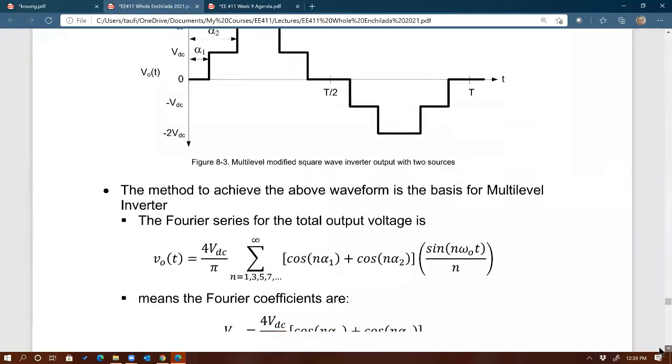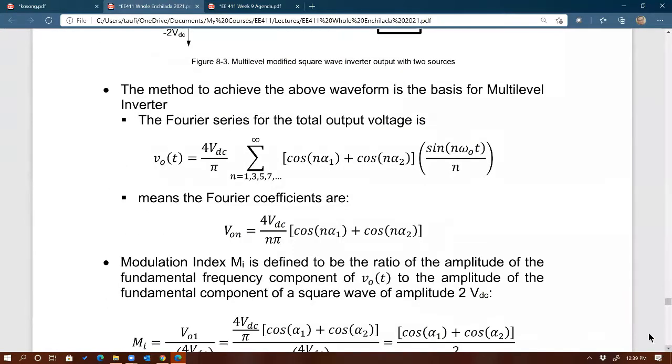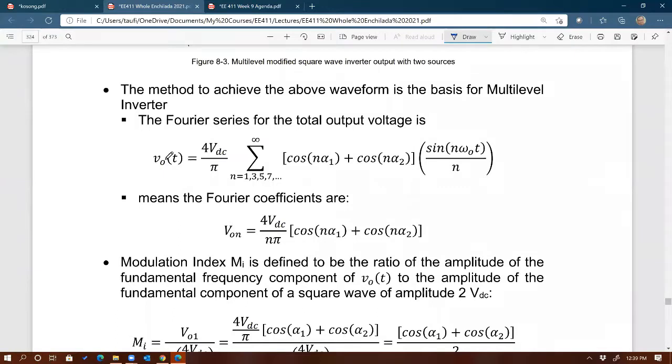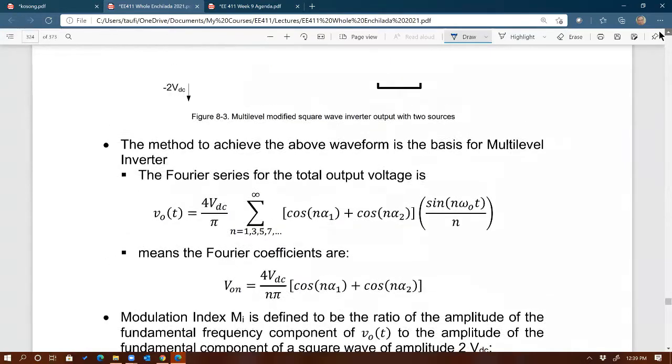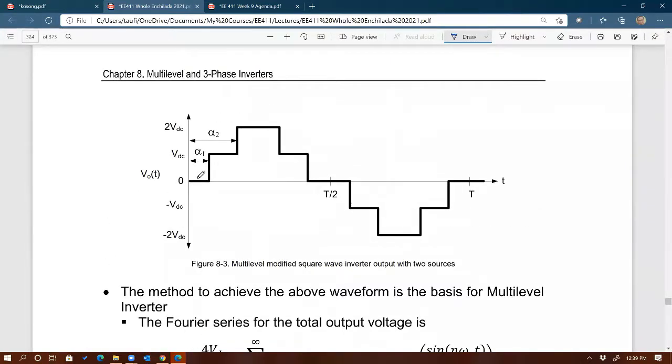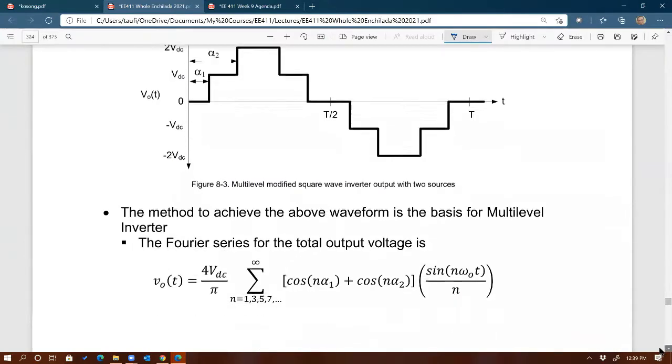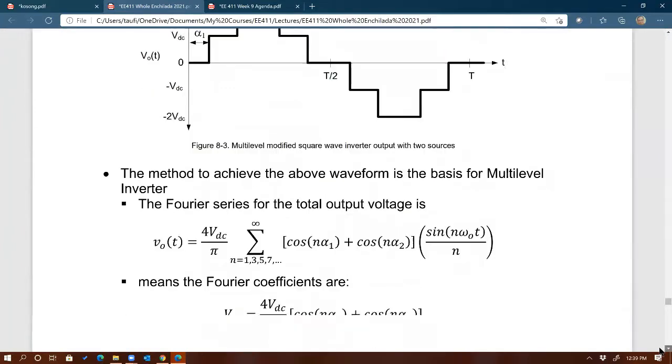I think I mentioned this last week as well, that in AC applications involving AC equipment which expect a sine wave, it is not uncommon to have a square wave that has 48 levels, 72 levels. Imagine if there are 48 levels here, then the waveform will look even more like a sine wave. So it's closer to a sine wave the more steps you introduce to the square wave.